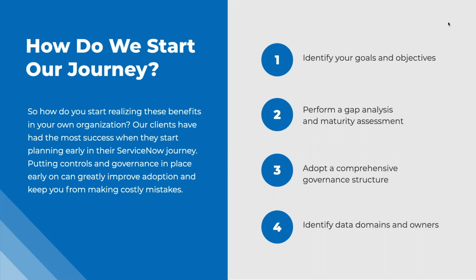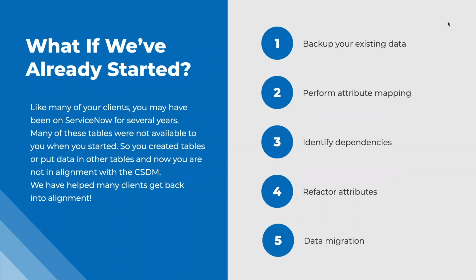We know that there are all sorts of teams participating in these processes, from your enterprise architecture teams and your database teams to your application teams. Everybody has a piece of the puzzle and a stake in this data. So identifying who's responsible and who's providing what types of data is going to help you get started on this journey.